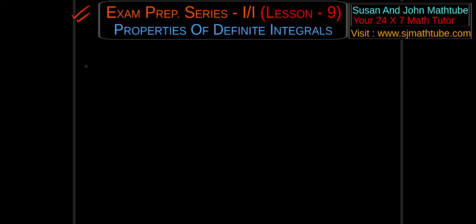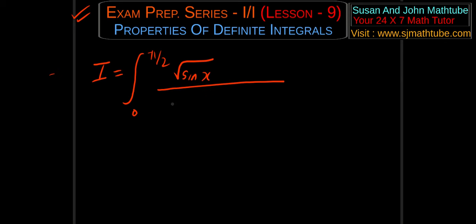Okay, so I'll give you one example how to solve these problems. Okay, look at this. Evaluate the integral 0 to pi by 2 root sin x the whole divided by root sin x plus root cos x dx.